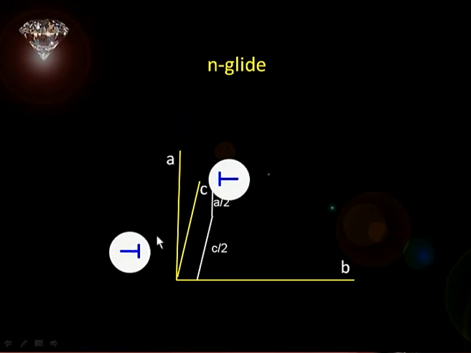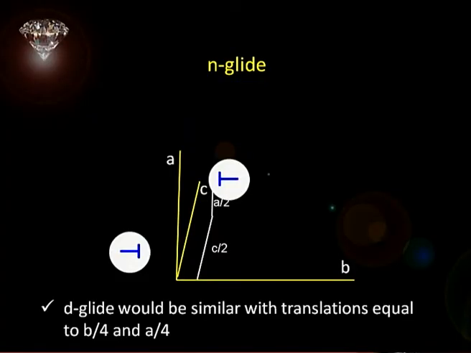This motif and this motif are related by an n-glide. Similarly, we can talk about the d-glide as well. D-glide would be similar to what I have just shown you, but it will have translations equal to the combination of B by 4 and A by 4, or B by 4 and C by 4, and so on and so forth. That is the way we defined that earlier.